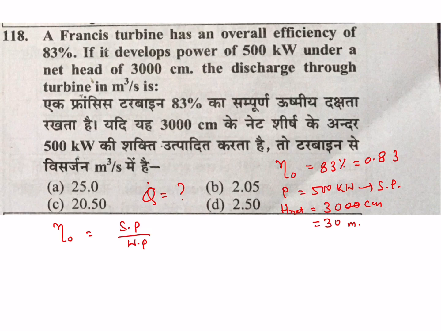Water power we know: rho g h Q, h net and Q. Rho, how much? Water density into g, directly 9810, into h net 30. The Q value we have to calculate. Put the values.